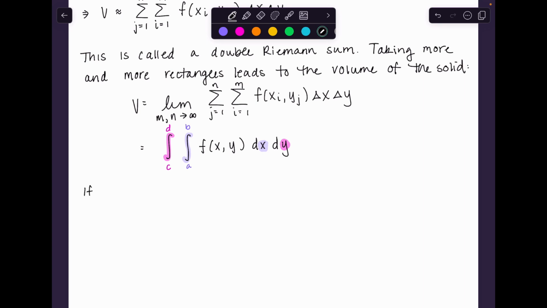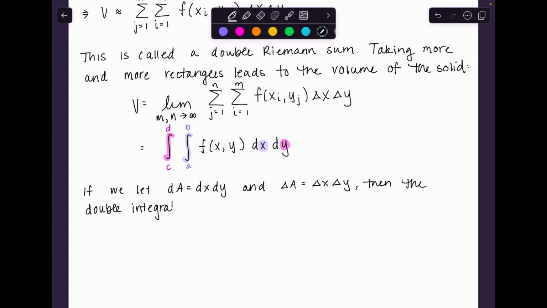So to show you that notation, if we let dA equal dx dy, and delta A represent delta x, delta y, the change in the area in the xy plane, then the double integral of f over the rectangular region R is defined by the following.